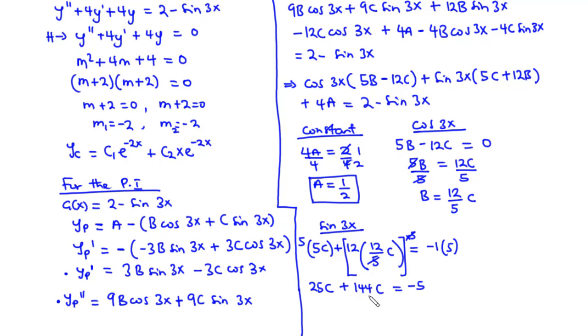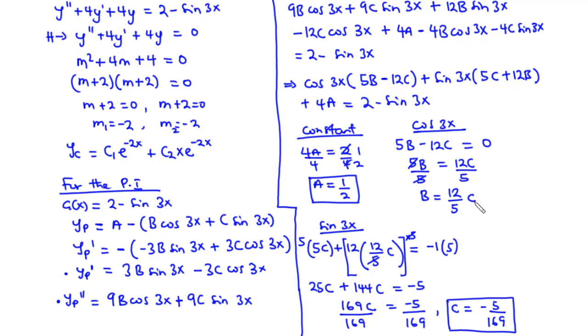So 25 plus 144 is 169 equals negative 5. We divide through by 169, and then we have c equal to negative 5 over 169. So this is the value of c.